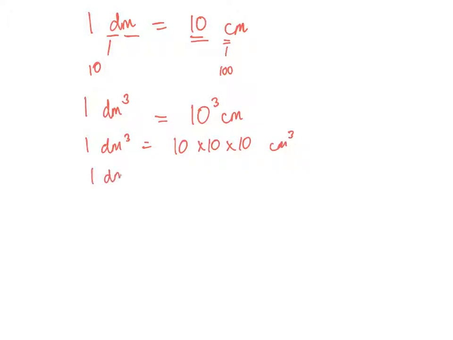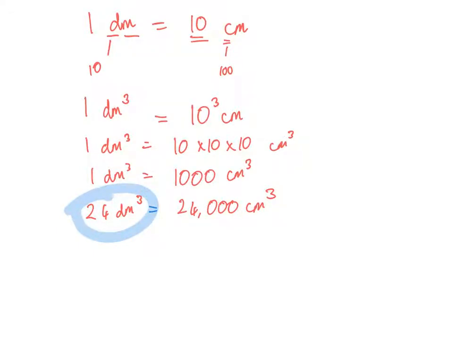So 1 decimeter cubed is equal to 1,000 centimeters cubed. Therefore, 24 decimeters cubed is equal to 24,000 centimeters cubed. When we talk about volume, we usually use this term, decimeters cubed. However, decimeters cubed just means 1,000 centimeters cubed.